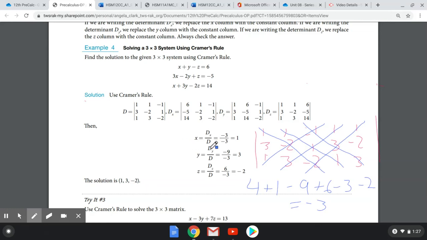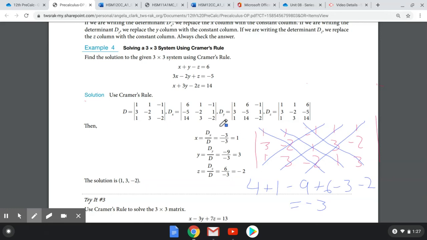So that's going to be the denominator of every single one of these. So that's that -3. So then when you find the determinant of these three, you'll get -3, -9, and 6 respectively. And then you'll just do the division, and that will give you your X, Y, and Z.